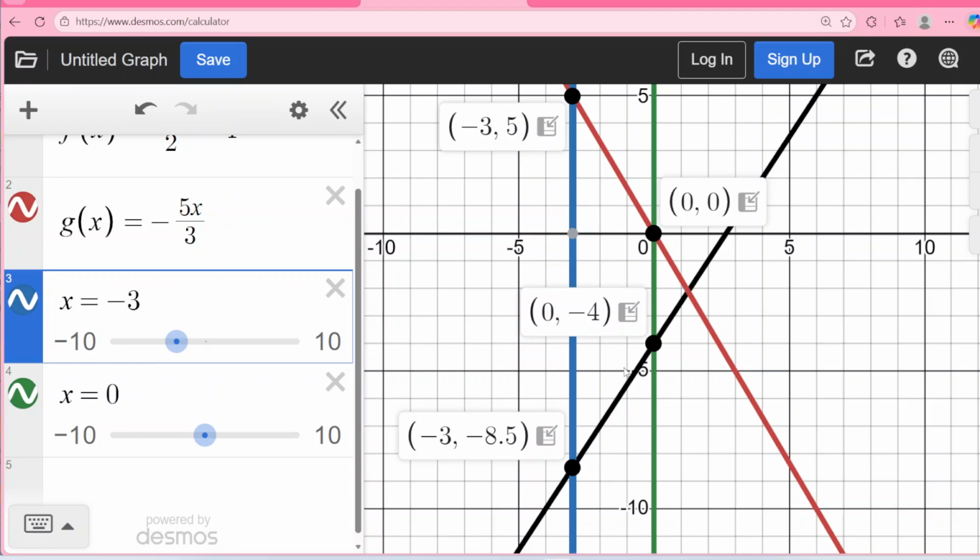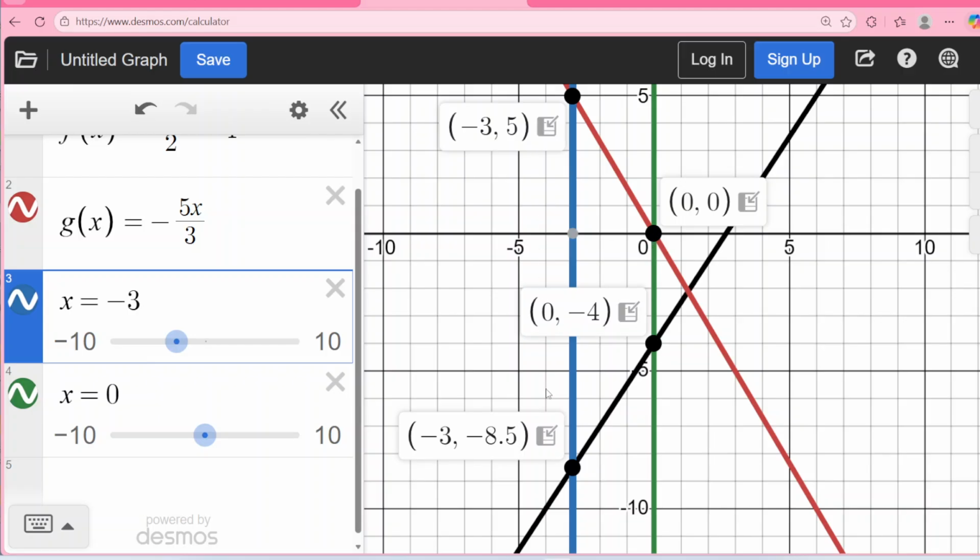Now, because it's a trapezoid, I could find the area of this region without doing too much work. Remember this one base from negative 3, 5 down to here? That's 13.5 units long, and then from 0, 0 to 0, negative 4, that's 4 units long.